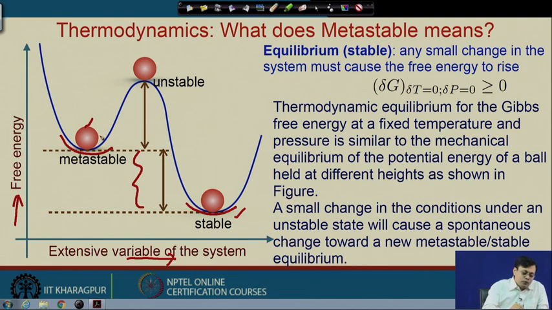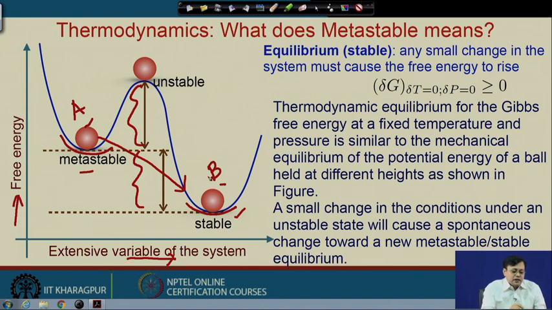However, to go from this place to this place, we need some activation barrier, and the activation energy controls the kinetics of the process. So, from one state to another state, let us say state A to state B, if the state has to come from A to B, it has to come through such a condition which looks like an unstable condition.